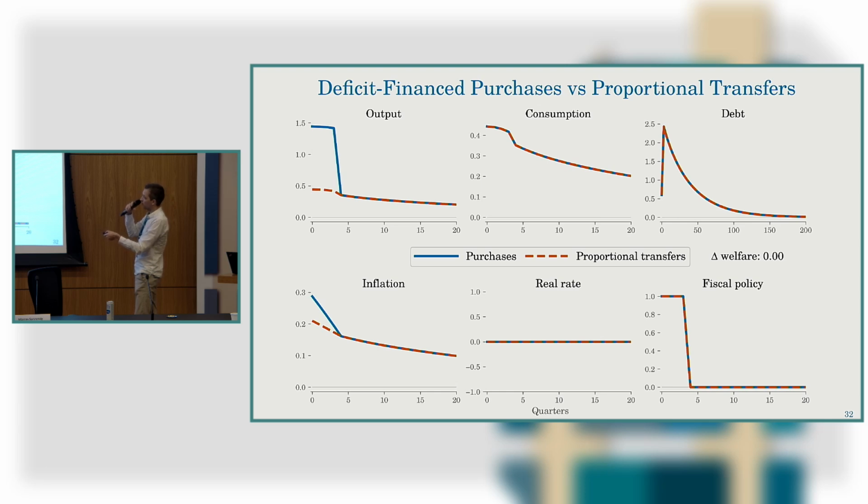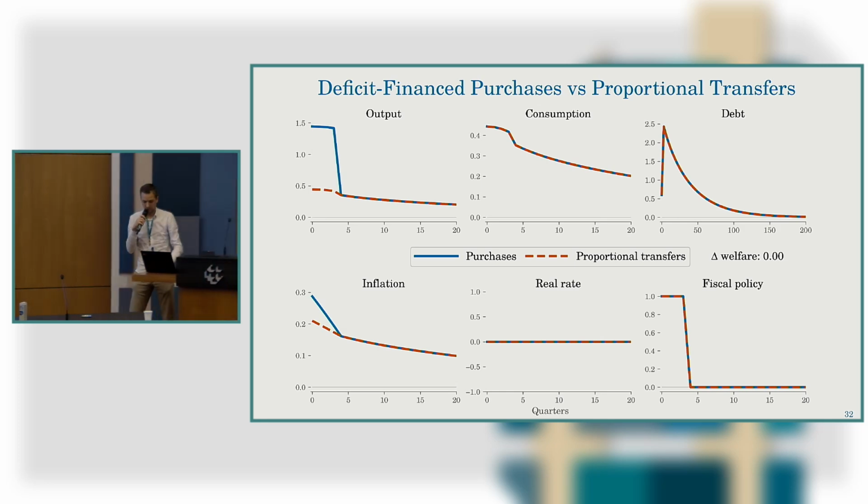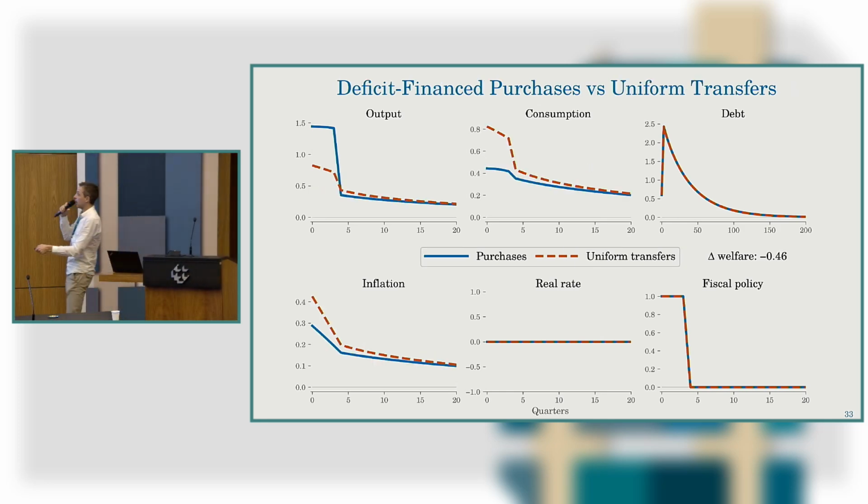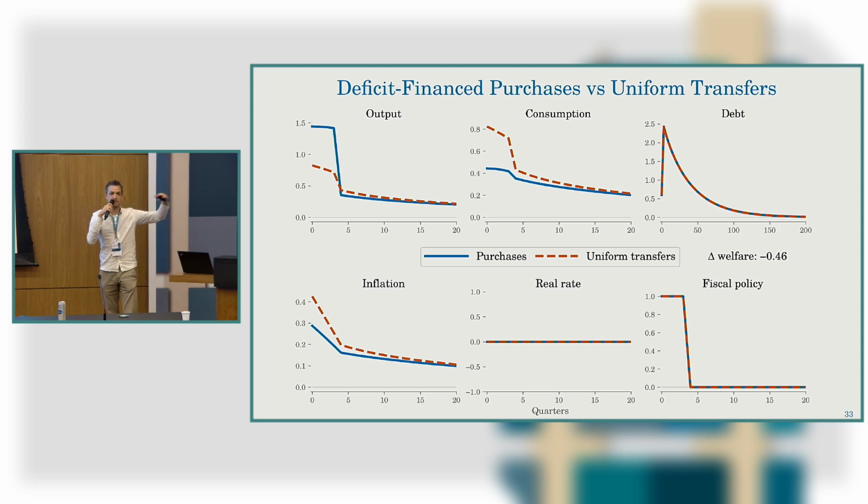When the transfers are proportional, so the rich people get higher transfers, then as we show, the consumption response is the same, and therefore output. Purchases generate a larger increase, but welfare-wise, the two policies generate the same welfare response. Now, if we have lump sum transfers, sending the same check to everybody in the population, then because you're sending more money to the poor, who have a higher MPC, aggregate consumption will respond more.